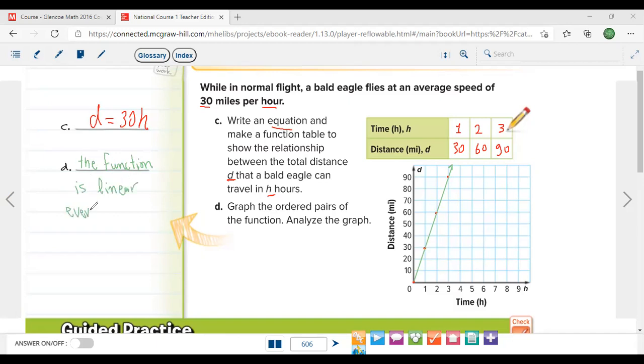Every hour, distance increases by 30 miles. The function is linear. This is the first description. Second description, every hour, distance increases by 30 miles.